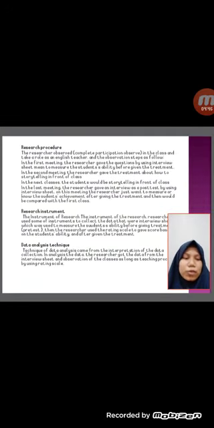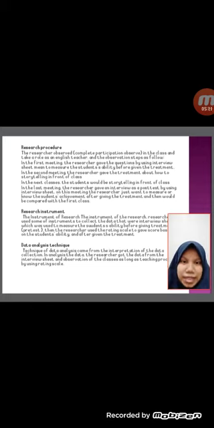About the research procedure. The researcher observed in the class and took the role of an English teacher. In the first meeting, the researcher gave questions using an interview to measure the students' ability before giving the treatment.